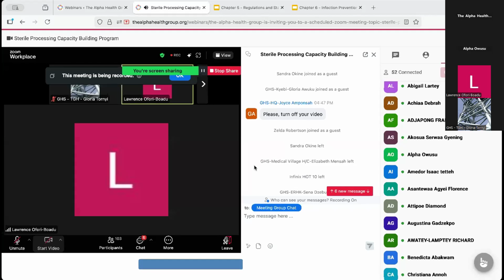review these IPC protocols, especially in the areas of sterile processing, and make it a national policy that everybody will abide by. And through this, I believe we are going to improve quality of care and safety of our clients. We are going to minimize surgical site infections. We are going to minimize antimicrobial resistance.